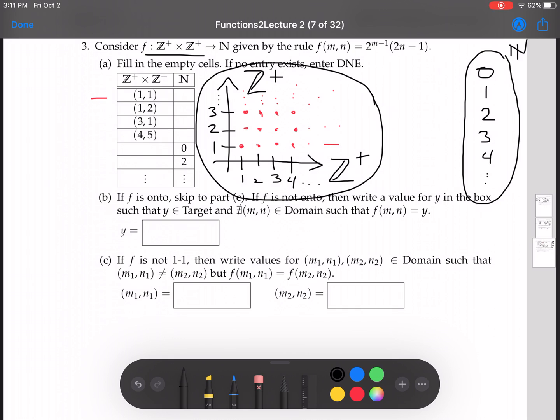And now let me just draw a few of these over to things. All right, so our function, let me just write it out here. We've got f of (m, n) is 2 to the m minus 1 times 2n minus 1.